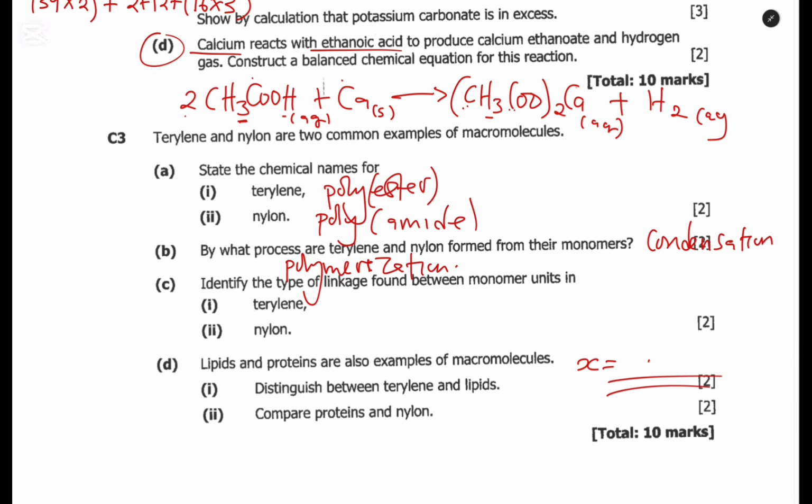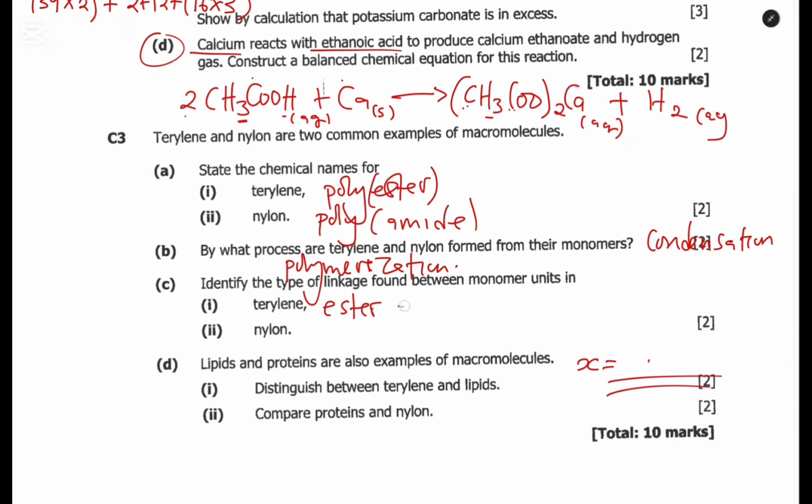Then the other question, identify the types of linkage found between the monomer units in a terylene. What type of linkage is found between monomer units in terylene? Not monomer units, please.